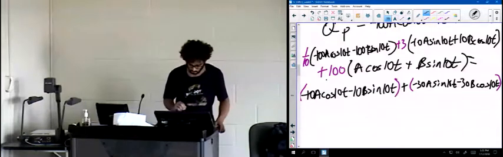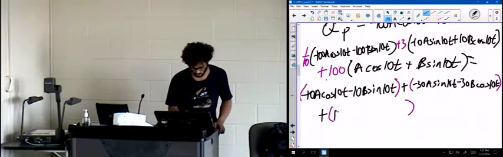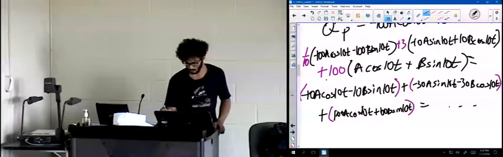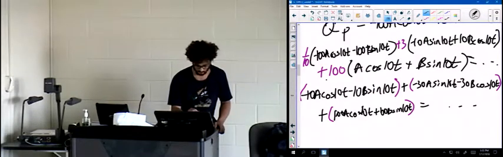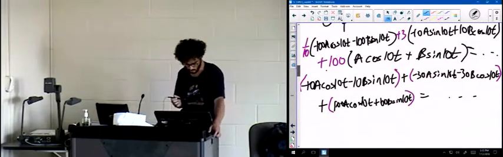Okay. And lastly, this out real quick: 100a cosine of 10t plus 100b sine of 10t. And it's all equal to just the same. Okay? Now, let's keep going.